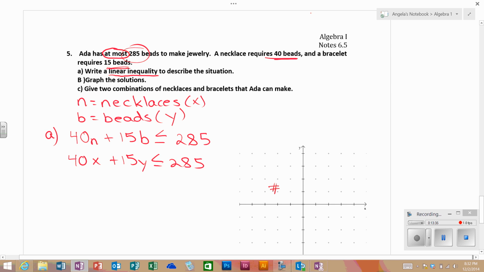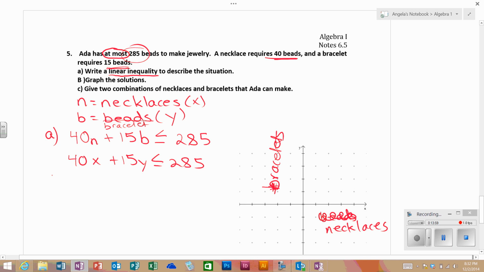That's what I meant to say up here. It should be bracelet. Sorry about that. You have to know these are the beads in bracelets. So this is my bracelets. These are my beads. Oh my goodness, necklaces. Because I'm calling that my X.